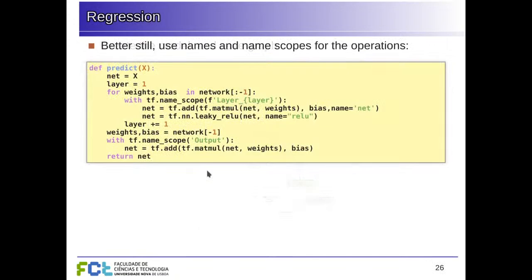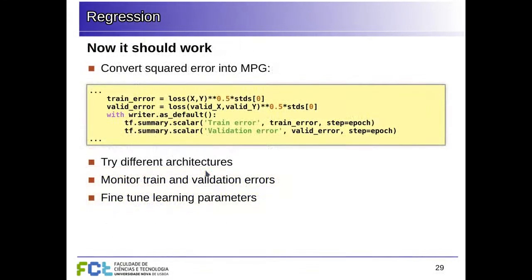So if we want to convert this quadratic loss into a scale that is in miles per gallon, so we can understand the scale, you should take the square root of the loss, because the loss is the square of the error, and then multiply by the standard deviation of your original data, so that you move back to the same scale. If you do this, you can look at the training error and the validation error in miles per gallon, and this gives you a fair idea of what is the error your network is making.